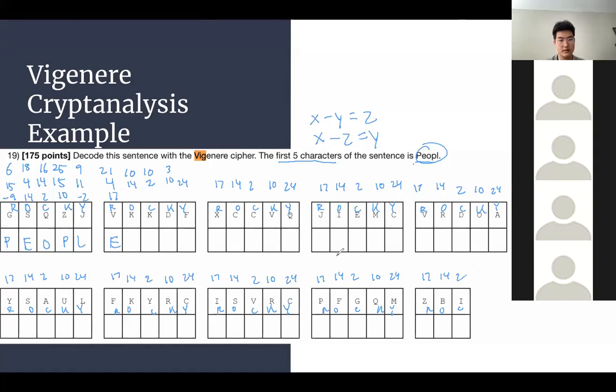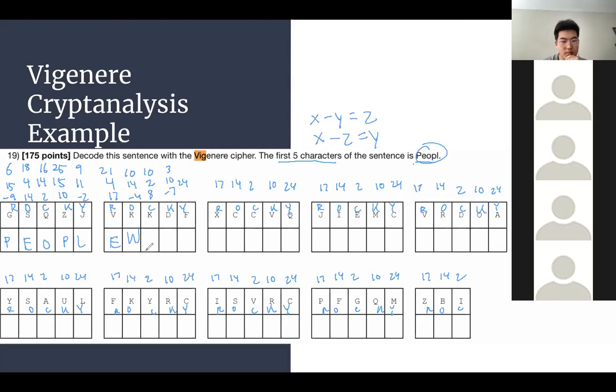All right, I'll just do these three subtractions first since we already have it written down, but this is -4, this is 8, and this is -7. -4 plus 26 is 22. So we have a W. And since it starts with people, my mind is telling me it probably starts with people who.